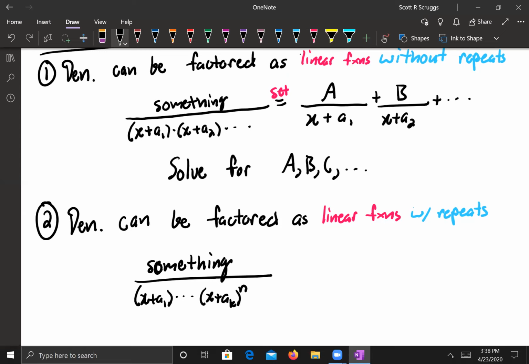That's what I mean when I say repeat. A linear function is being raised to a power.